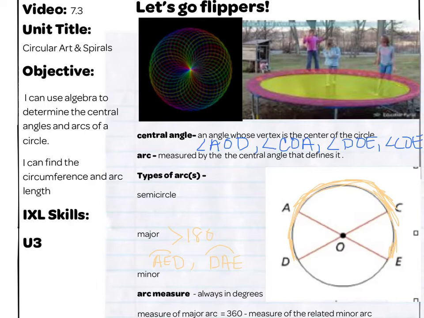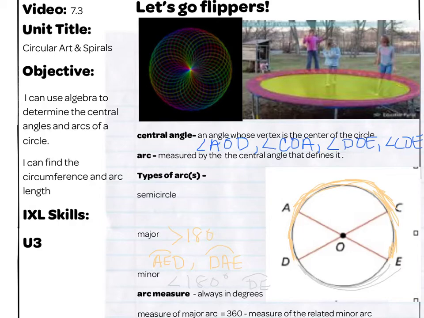Doesn't that make sense? It's just so beautiful. So less than 180. If you're looking here, you're going to see this one here, and that's arc DE. Don't need a letter in the middle because we can go right from D to E and we don't cross over any other letters there.